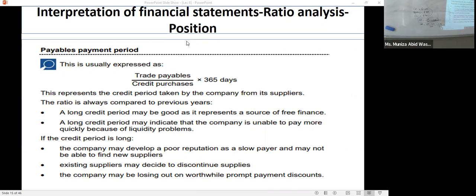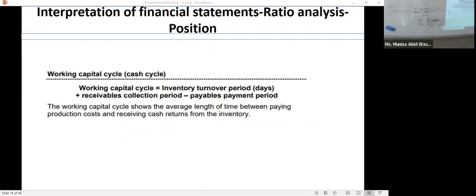Now students, another tool to analyze the position of the company is the working capital cycle. This is not a ratio basically. This is an equation. Working capital cycle is equal to inventory turnover period plus receivables collection period minus payables payment period.